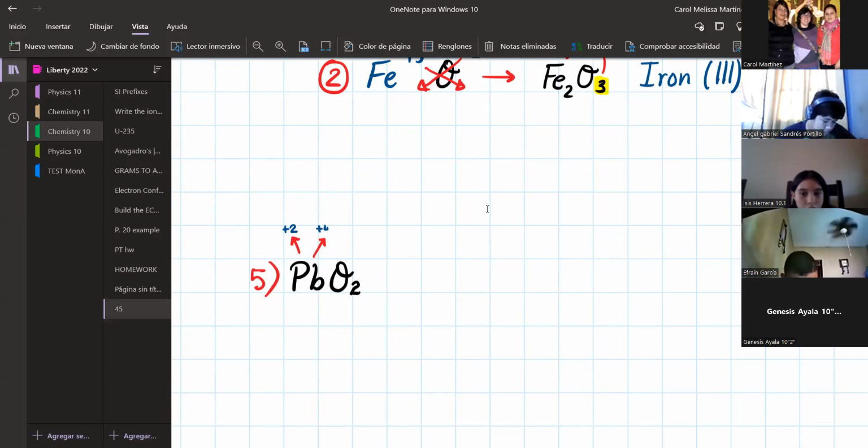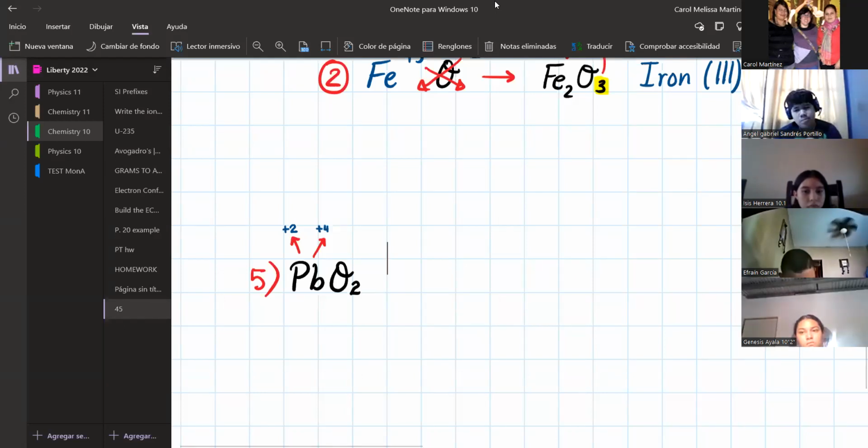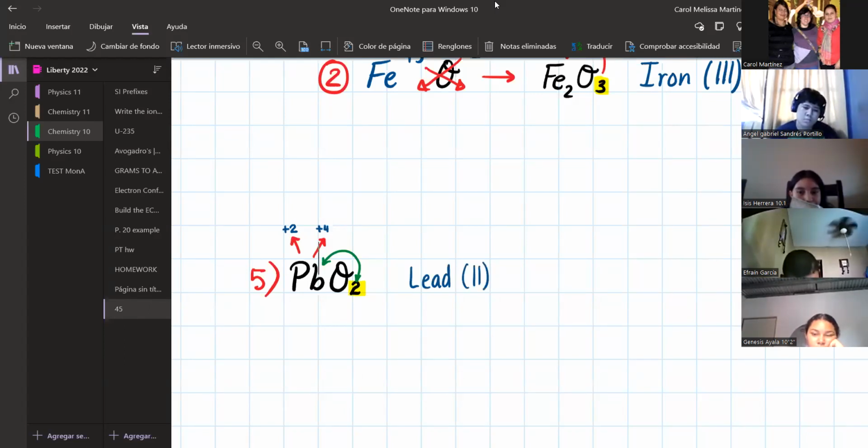And this is a very tricky exercise, so you better pay attention, okay? Take a look. If you had to name this by following the idea that this 2 is coming from lead, you might think that the name of this compound is lead 2 oxide.